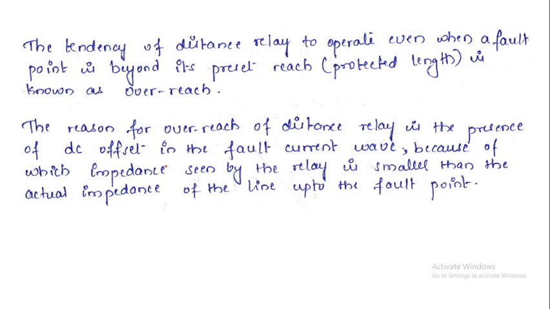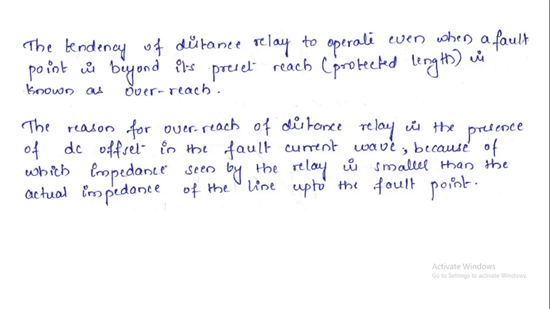In some cases, beyond 1 kilometer, if the fault occurs, the relay is still going to operate. That tendency is known as overreach. So beyond the fault location also the relays are operating.